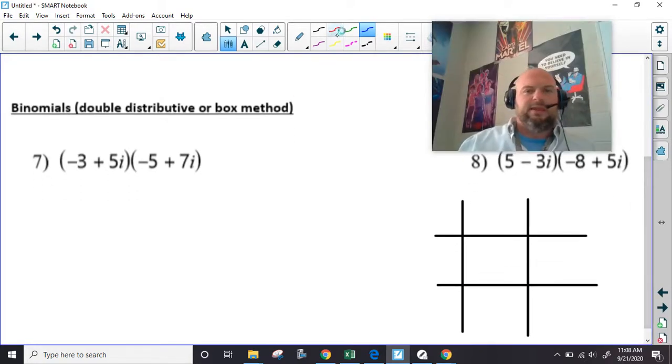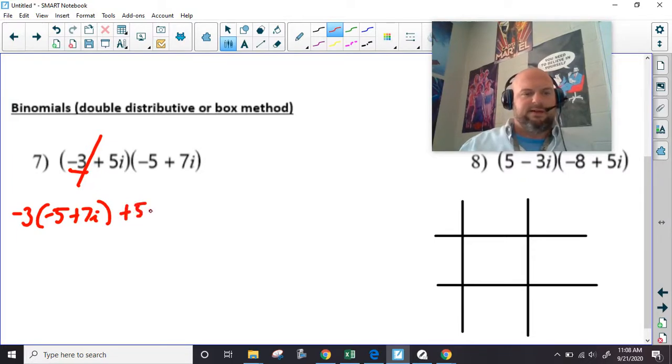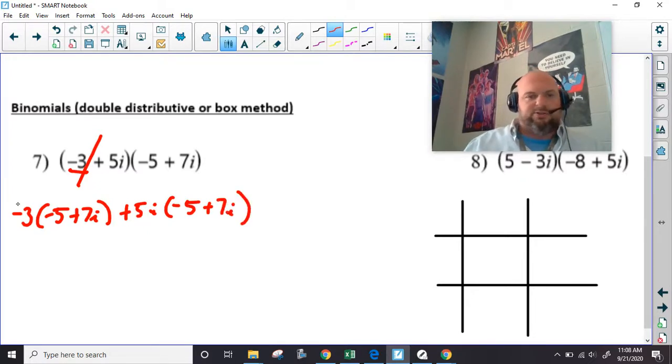Now, for double distributive, we're going to cut this right here. So this is going to be -3 times (-5 plus 7i). So it's this term times everything back here, and then we got plus 5i times all this again. All right, so we just distribute.